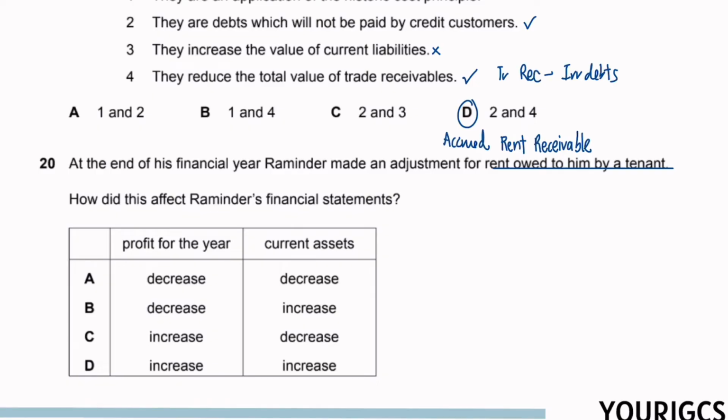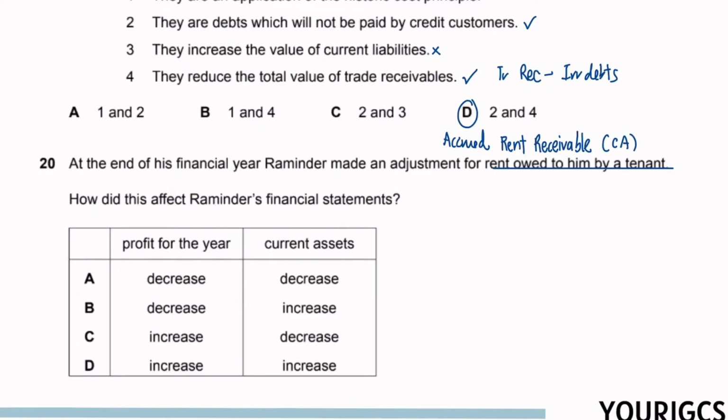You need to think this way. Raminder already provided the place for the tenant, so the rent receivable was already incurred, but the tenant hasn't paid him yet. So this means it's a current asset, because Raminder is waiting for the tenant to pay him.